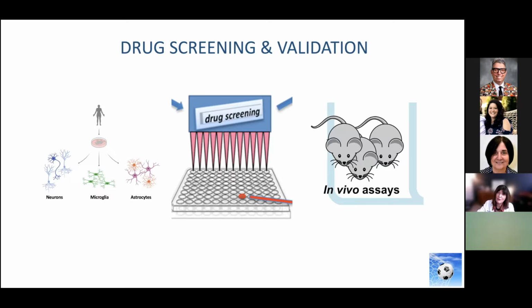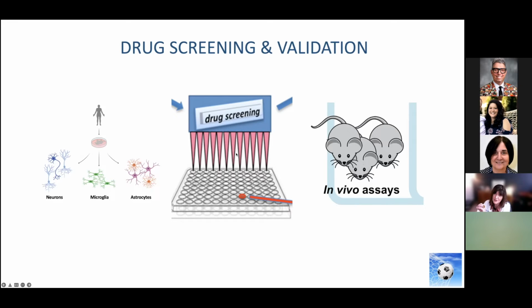And again, because this is going to be fast and this is going to be done in real patient-derived material, we also have the opportunity to then test in vivo in the model whether this drug works very quickly and how it interacts, how it gets metabolized in vivo before we take it to the patient.